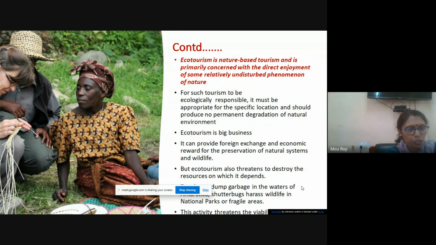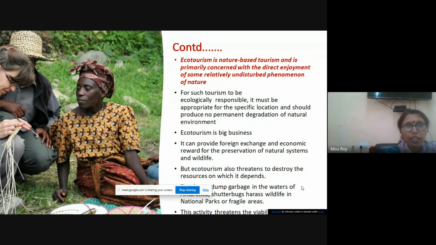It is also a big business. Ecotourism is a big business nowadays, because you won't find any hotels, but you'll find homestays in these ecotourist destinations. Why is it said to be a homestay? It is not a hotel. A hotel, whether it's a 3-star, 4-star, or 5-star hotel, will provide you services as per your requirements, and in lieu of that, you have to pay.